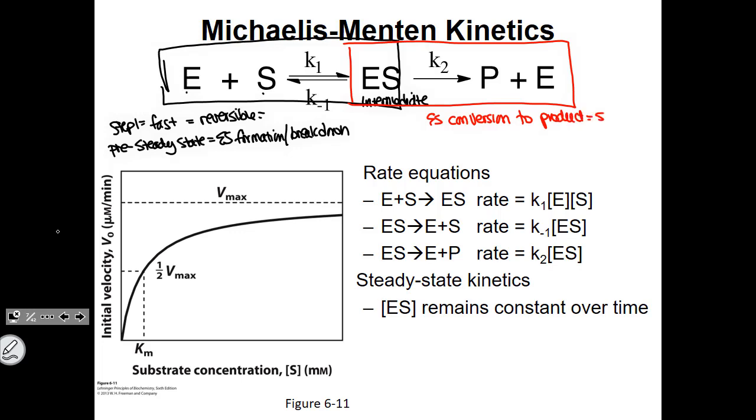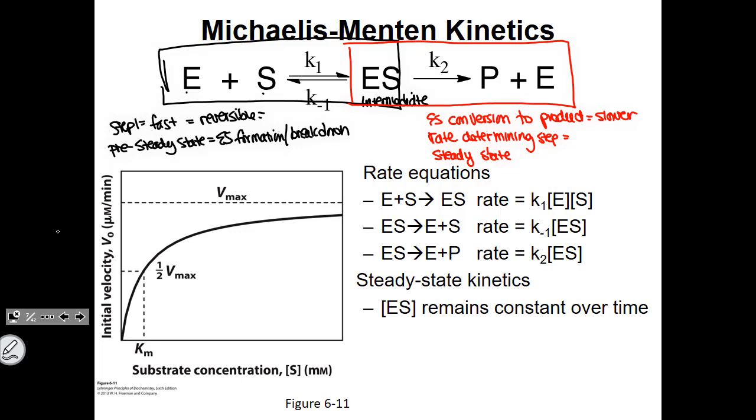It's a slower step, which makes it the rate determining step. We term this step the steady state because it is the rate determining step. It's dictating what the overall rate of the reaction will be.